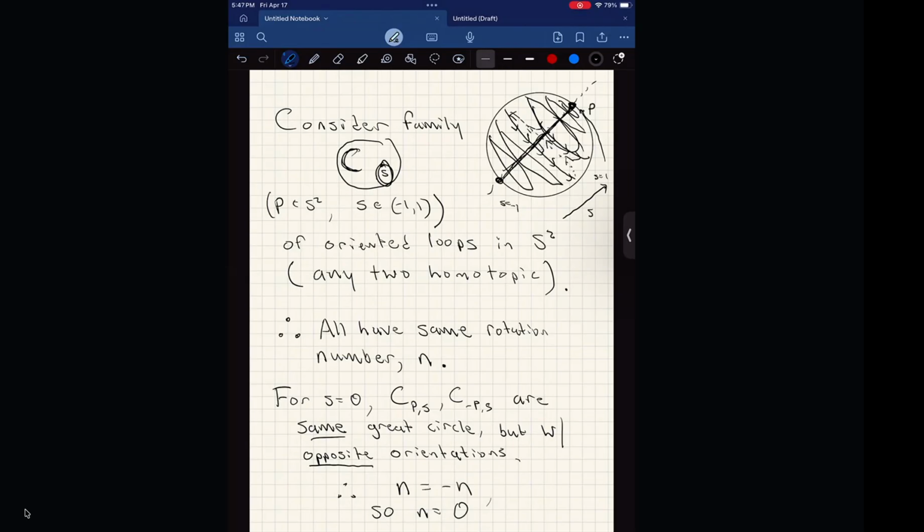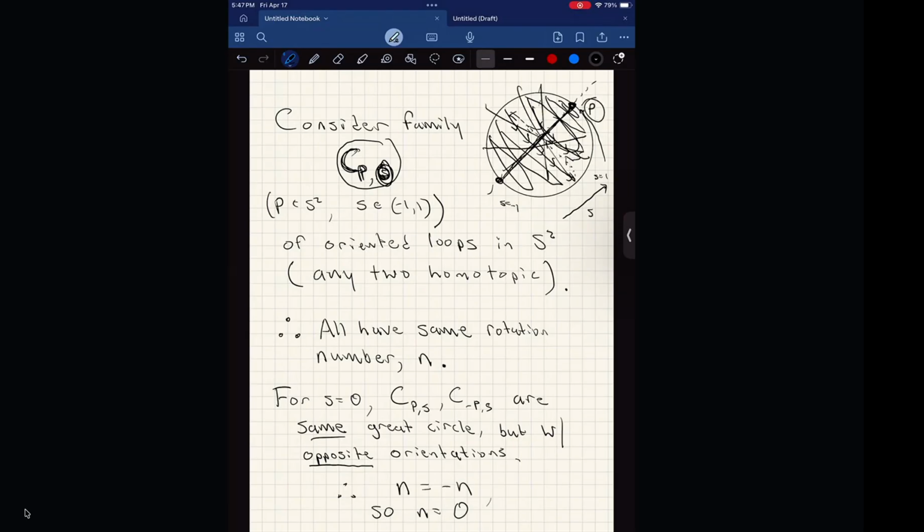If you now want to vary the P, how can you see that any two loops are homotopic? Well, it would suffice again to consider the CP0, two loops like that. And you can see this is what I was trying to articulate before. You can just imagine continuously rotating the axis.